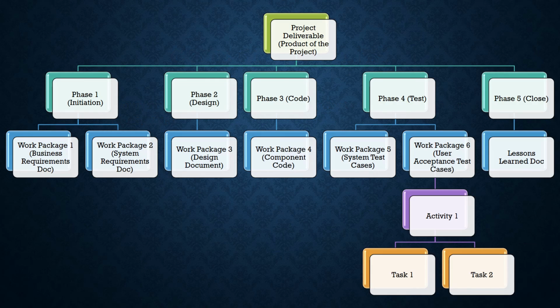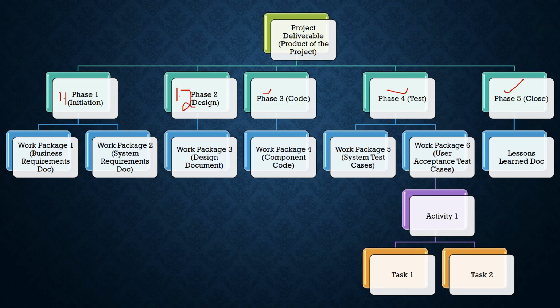So this is a WBS, and what code of accounts basically means is 1.1 is going to be the identifier for phase 1, and 1.2 is going to be the identifier for phase 2, which is design. Similarly, you can give 1.3, 1.4, 1.5, and this numbering system could be as simple as that, 1.1, 1.2, or it could be something else.